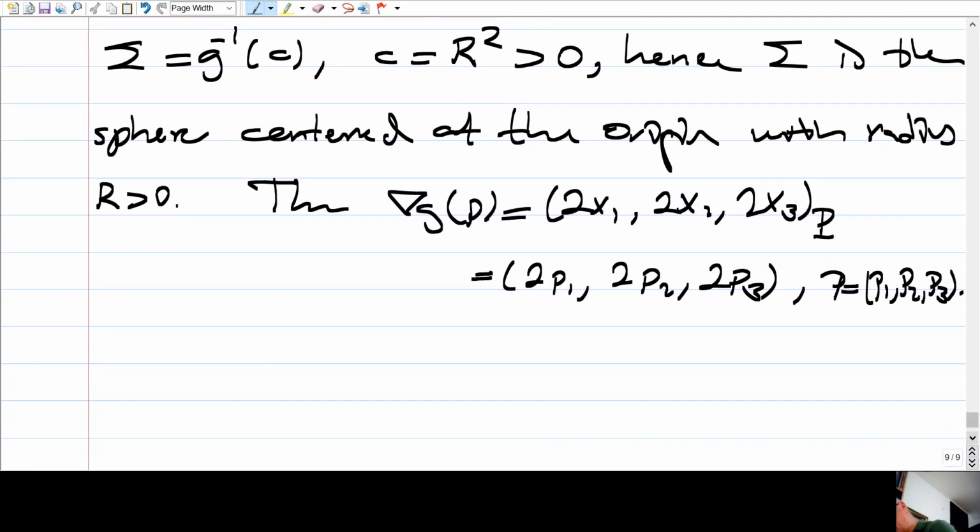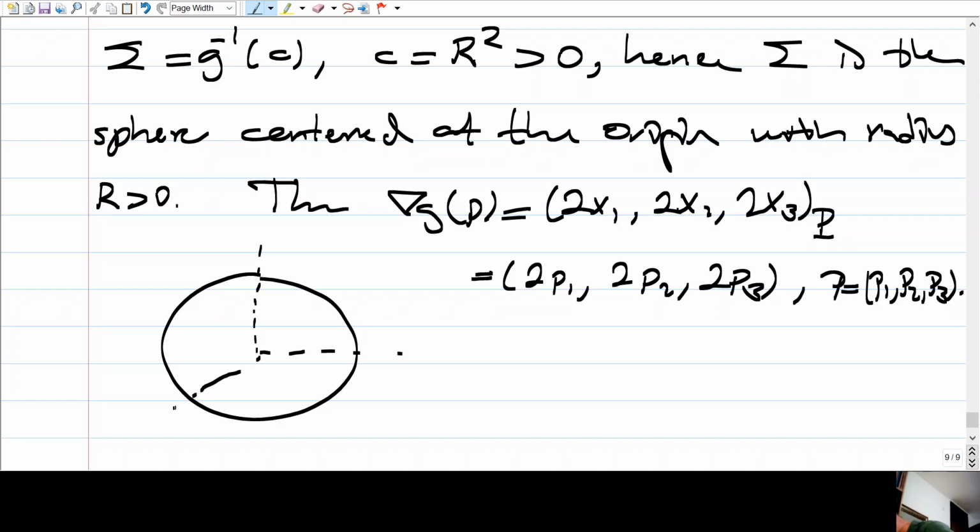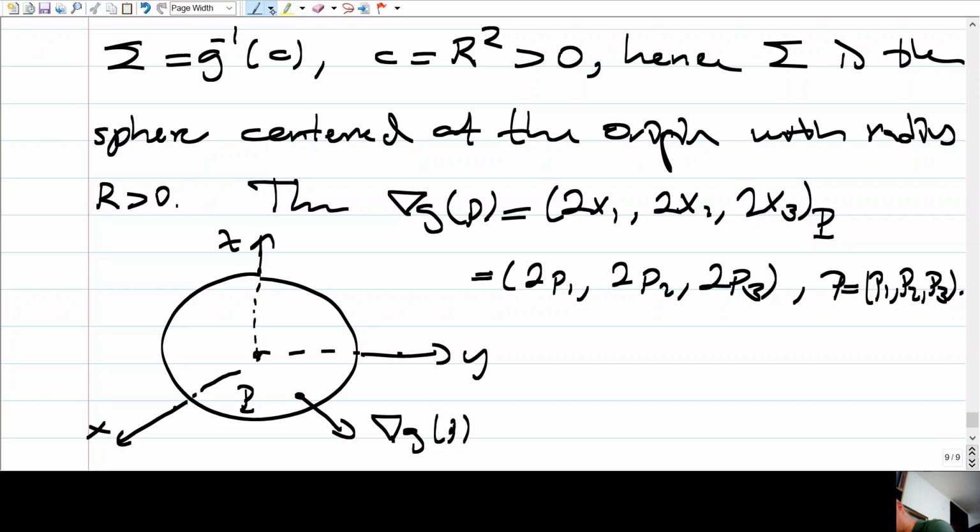Okay. So this gives us the following picture. At any point P on the surface, let's say here, the gradient is just this vector and it is normal to the surface.